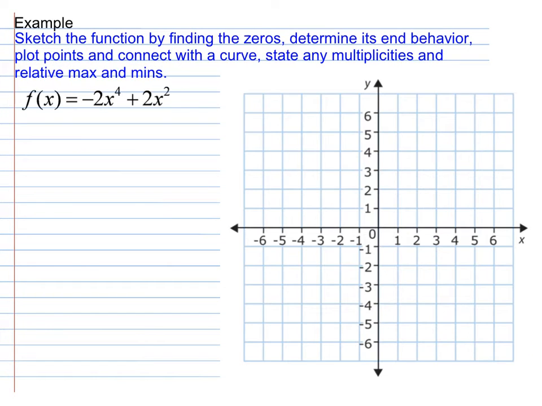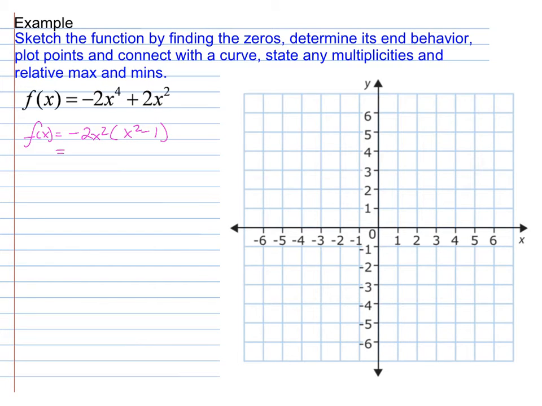In this problem, we need to factor, and since it's a binomial, we're going to see if we can factor out a greatest common factor. So f of x is equal to, take out a -2x squared, and we get x squared minus 1.